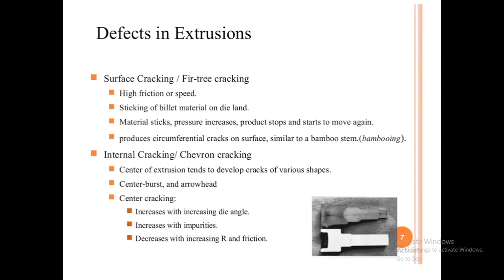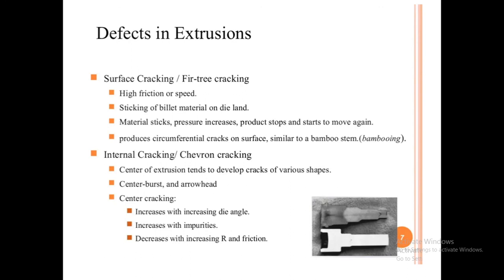If we apply pressure and the material is extruded from the other side, and we stop for some time and then start the process again, then due to this discontinuation, cracks or defects will also be produced on the material.